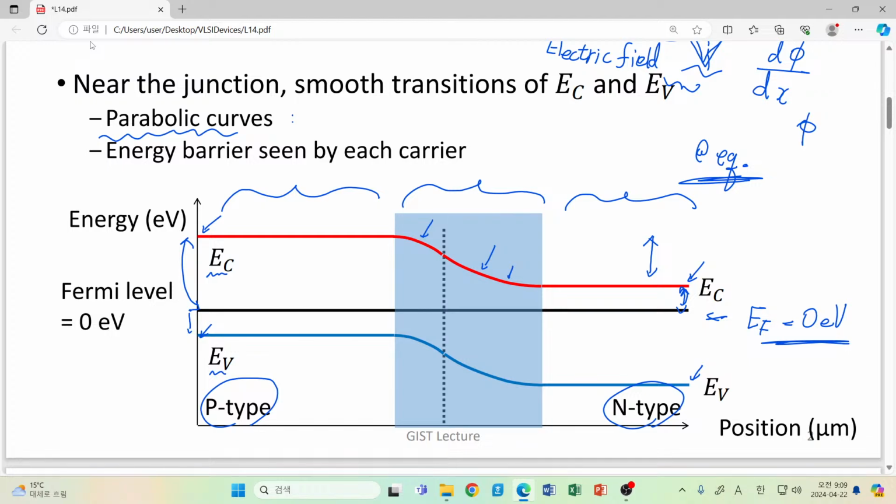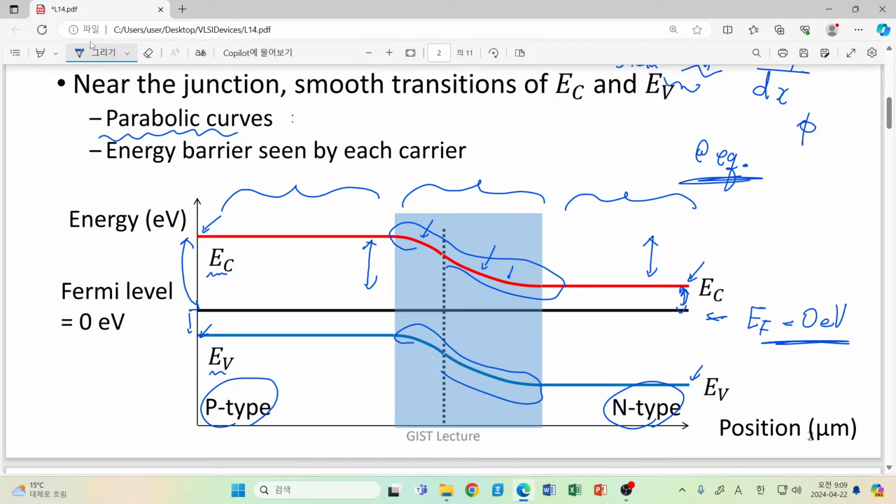But the important point is, although we have no sufficient idea about the actual shape of EC or EV, we can see the difference of the conduction band minimum. It means that from the viewpoint of electrons originally located in this n-type region, it would be quite difficult to overcome this given potential barrier.